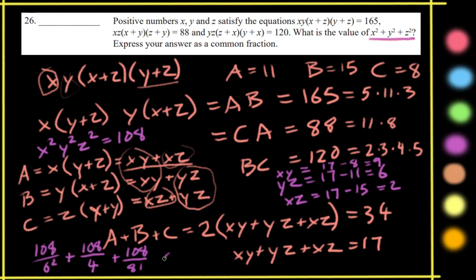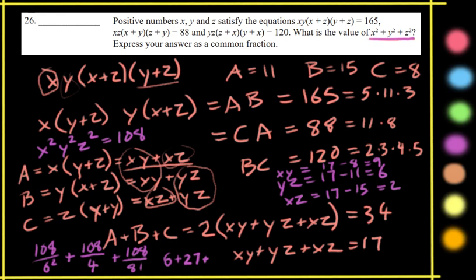So that's 6 plus, then I've got 108 divided by 4. Let's see. That's 27. So 6 plus 27 plus 108.